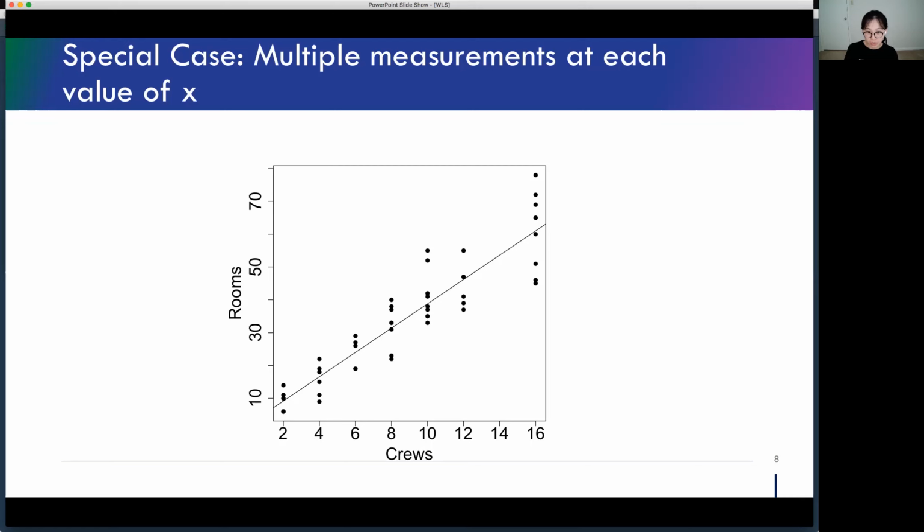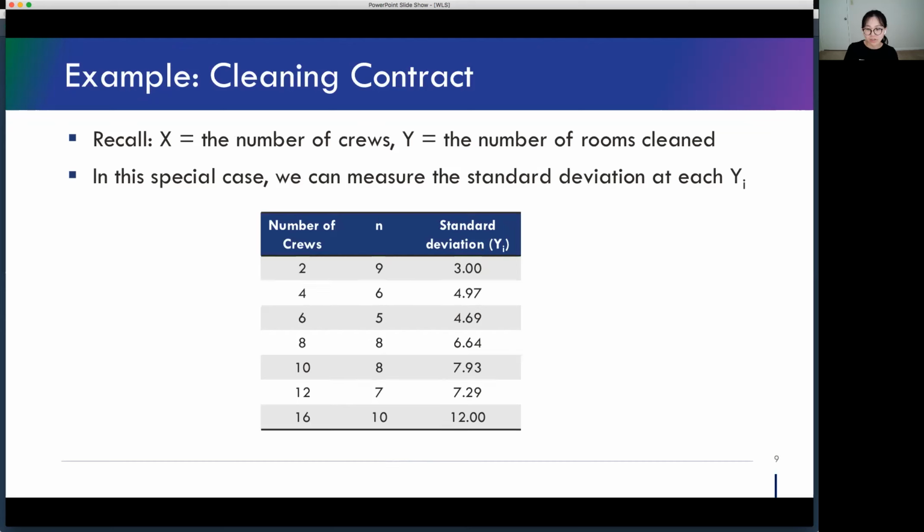That means we can get the standard deviation for each xi.